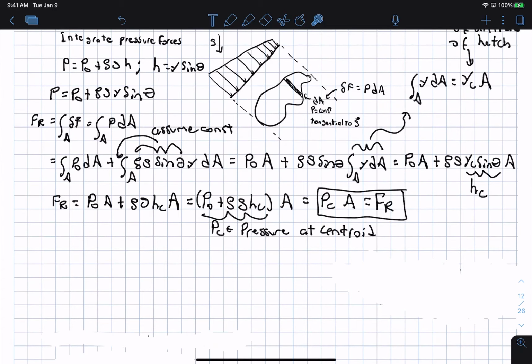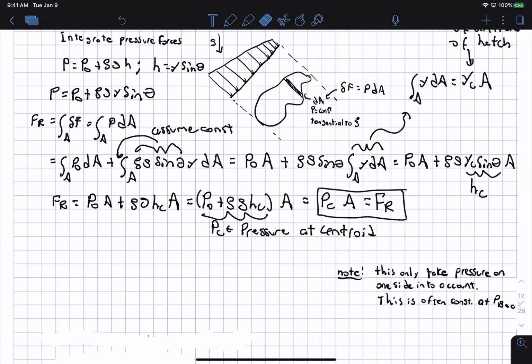Now there is an assumption here, and not only do rho and g have to be constant for this to work. If not, you have to do very formal integrals. But this also only takes pressure on one side of the gate into account.